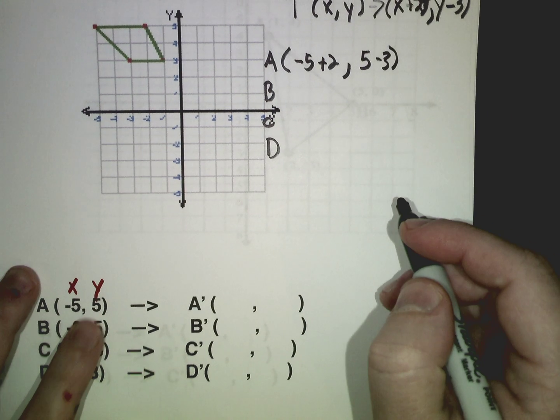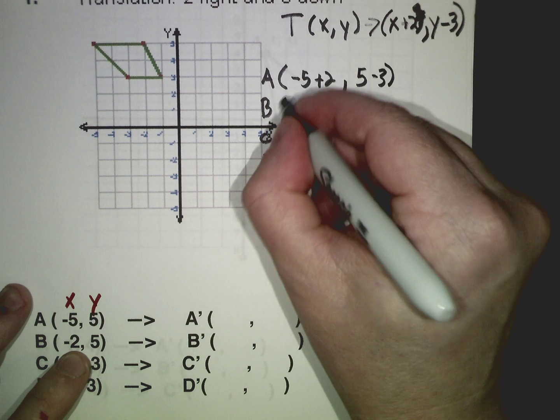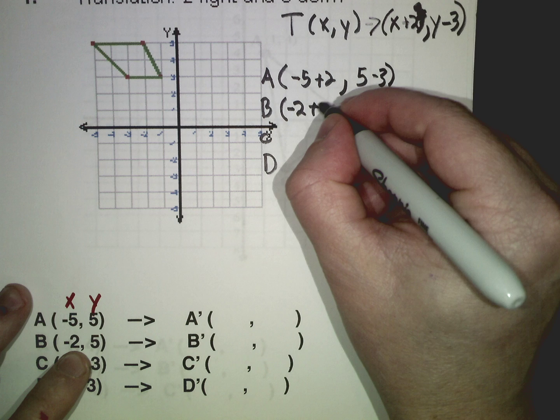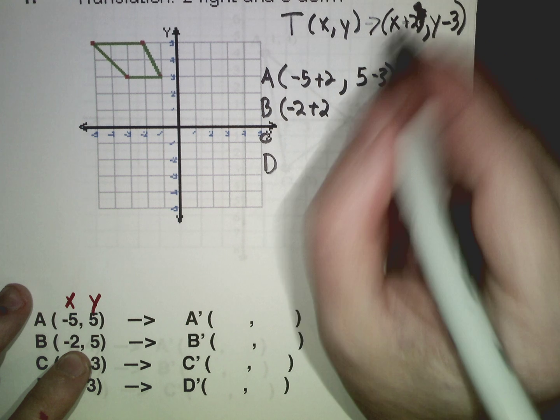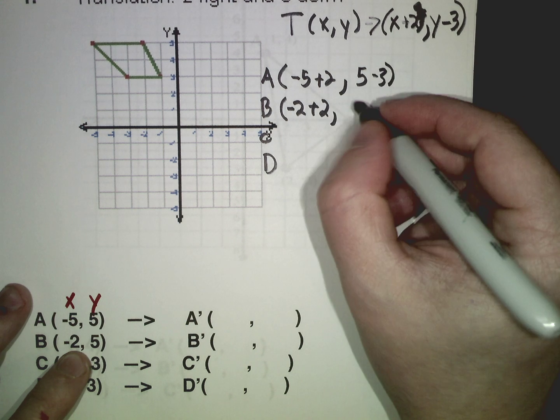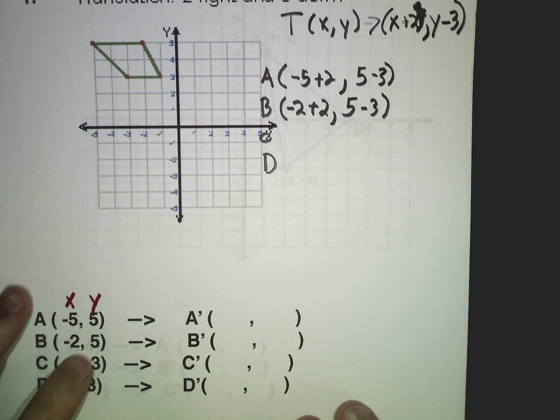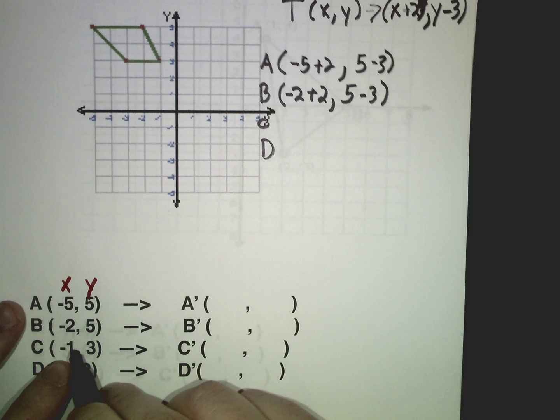For B, my X is negative 2. I'm going to add 2 to it, just like I'm going to do for all my X's. And for all my Y's, I'm going to take my 5, I'm going to subtract 3. Every Y gets 3 subtracted from it. It was true for everyone.